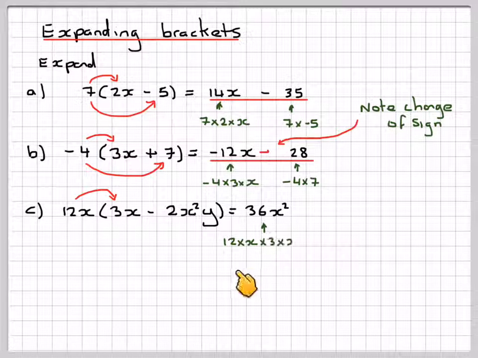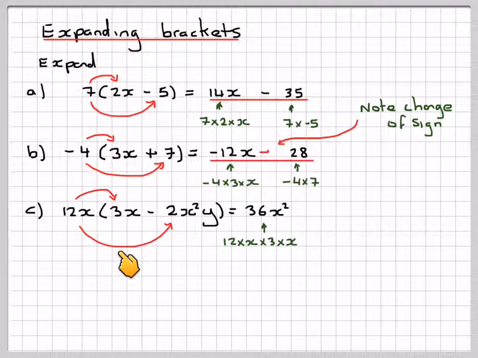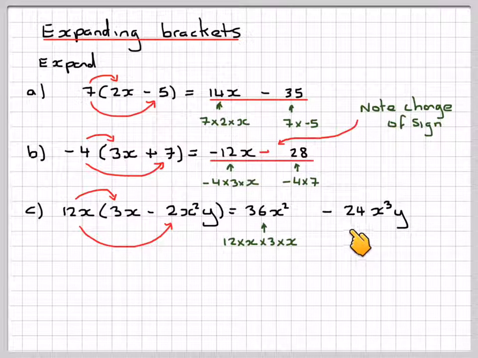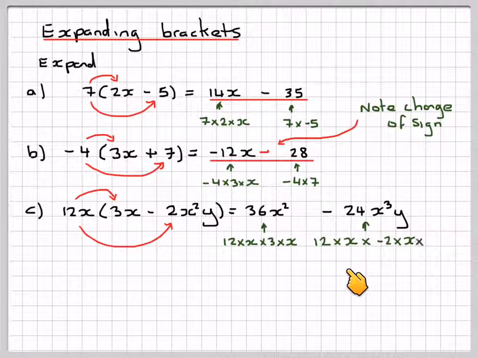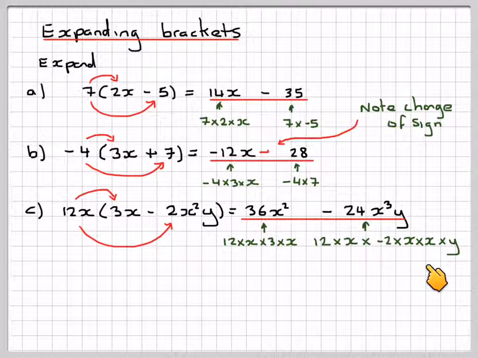Again, underneath I'm going to write down 12 times x times 3 times x, and then 12x times minus 2x squared times y is going to give me 12 times minus 2, which is minus 24, x times x squared, which is x cubed, and then we've just got a y there. So underneath I'm going to write down 12 times x times minus 2 times x times y.